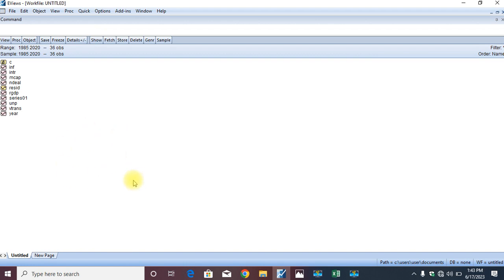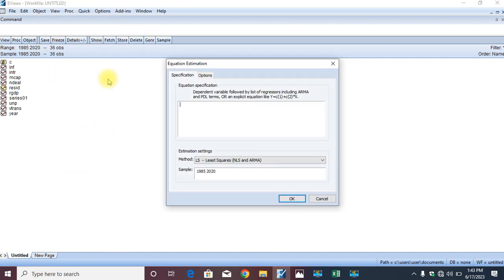Then going back to my previous page, go to Quick, go to Estimate Equation. Once you are in the equation estimation box, the first thing you have to ask yourself is, one, the variables you are working with, are they loggable variables, or are they variables that you allow in their natural form? If they are not variables that will be logged, then at that level you have to leave them.